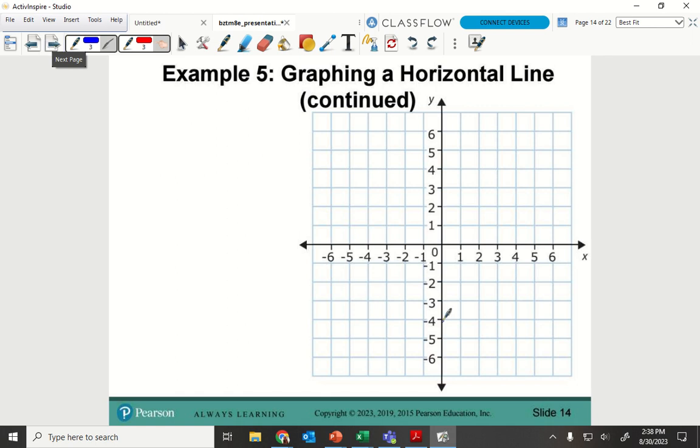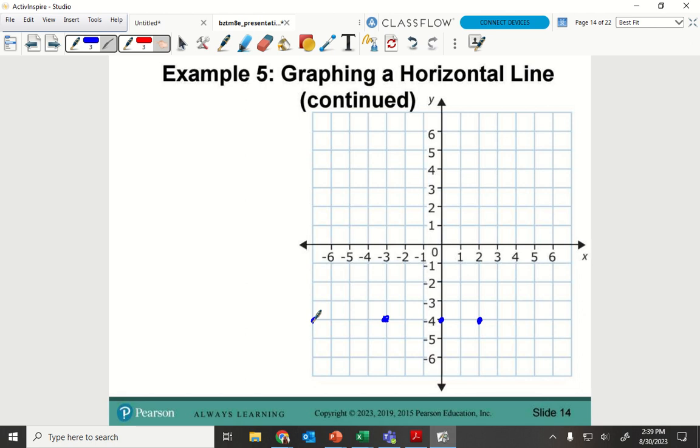Okay, let's go ahead. On my graph, my y value is always -4. Here's my y. So right here, this is -4. So does it matter what the x is? No. So if I go over to 2, my y value is -4. If I go over here to -3, what is my y value? -4. If I go out to -6, what's my y value?